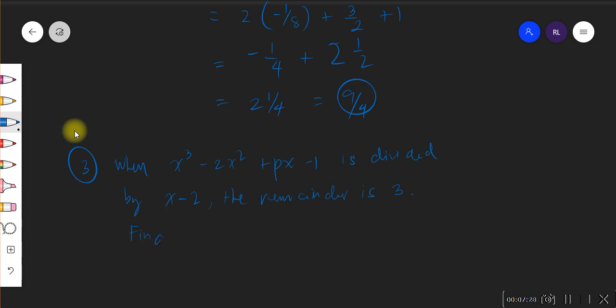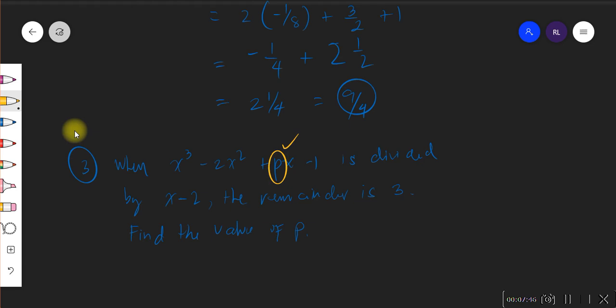Find the value of p. The problem asks what must be the value of p such that when we divide by x minus 2, the resulting remainder is positive 3.